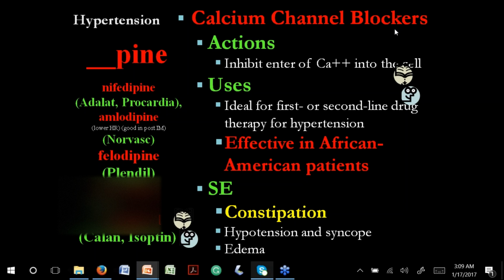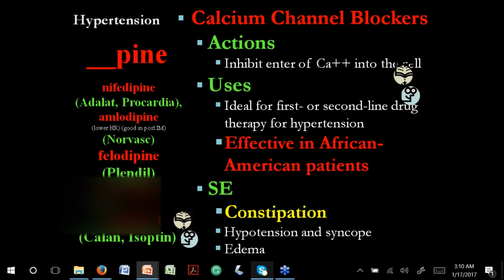What do calcium channel blockers do? Very simple, they block the entry of calcium into the cell. For a muscle contraction of the myocardium, you need the entry, first of all, of sodium, and then the entry of calcium to complete the contraction. In this case, there is not that amount of calcium supplied to the whole fibers of the myocardium.